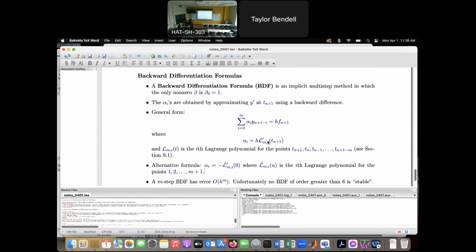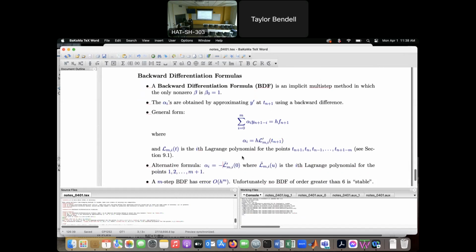By making the same change of variable where you map the interval t n to t n plus 1 to the interval 0 to 1, this point t n plus 1 is mapped to 0. Because of the minus in that change of variable, we end up with a minus out here as a result of the chain rule. And the h ends up being canceled out.